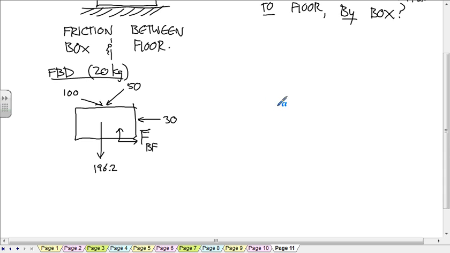Okay, so the 100 Newton force: if you put the tail at the origin of a coordinate system, we know that the direction, the unit vector, is going to be the cosine and sine of an angle that goes counterclockwise from here to here. There are other ways to do it too, but this way always works. And we know that this angle is 30.